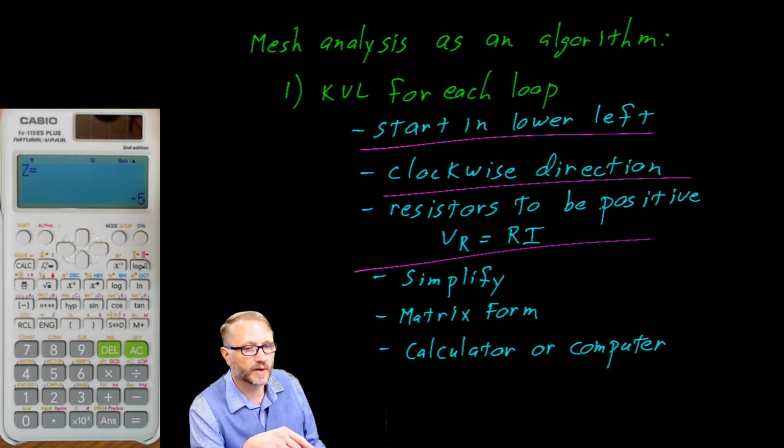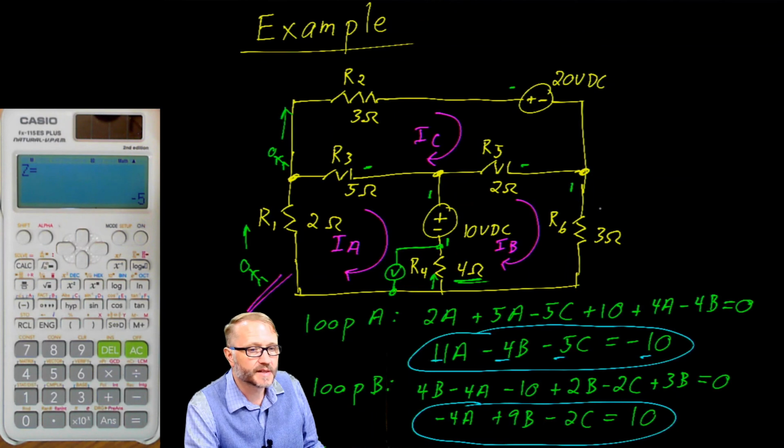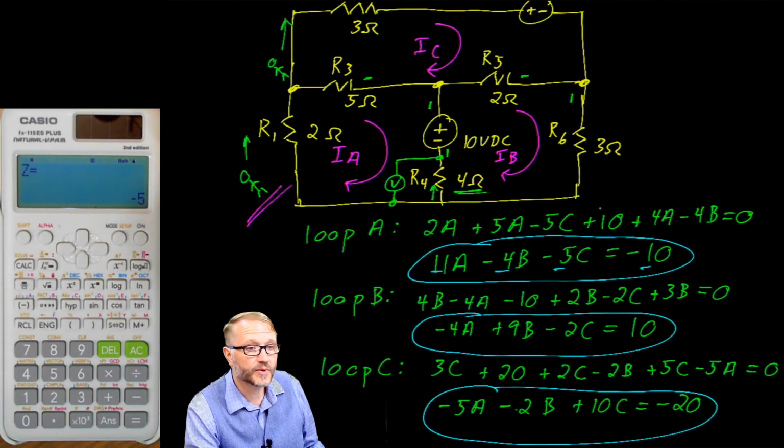We start in the lower left, we move in a clockwise direction, the resistors are positive, we substitute in a voltage as a current times a resistance, simplify, matrix form, and then walk over to the calculator. We presented those ideas in this example. Again, we always start in the lower left corner and we made a loop. We made 3 loops for this particular one. 3 unknowns, 3 equations. We were able to solve that.